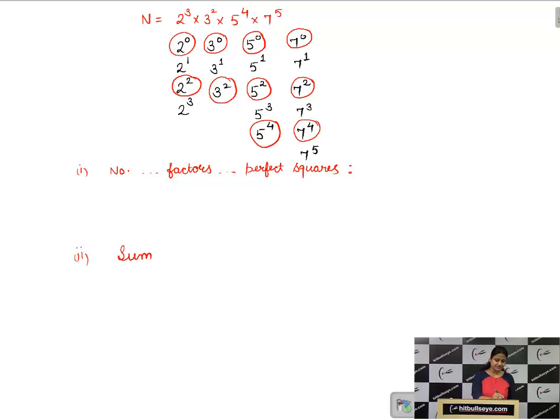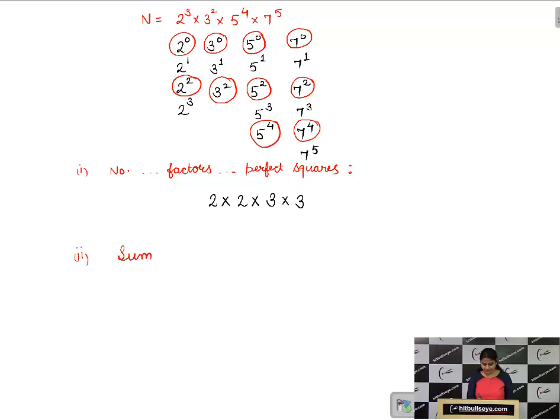Now we will make a choice. From the column of 2, we can take two choices. Either it can be 2 raised to power 0 or it can be 2 square. From the column of 3, we can take two choices. Again, you can see the encircled thing. From column of 5, we can take 3 powers, 3 numbers. From column of 7, we can take 3 choices. So these many numbers are factors of the given number n, which are perfect squares.